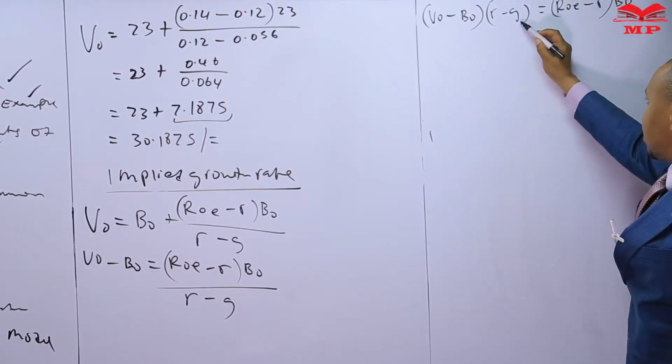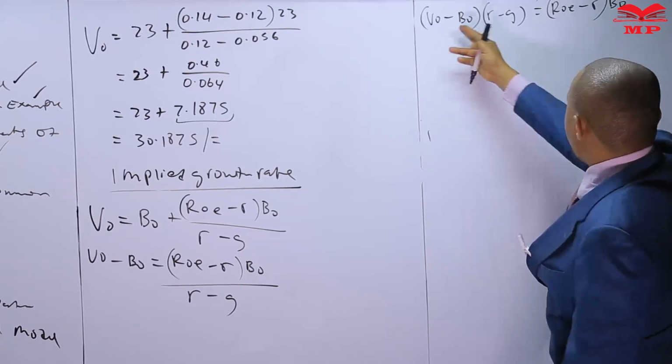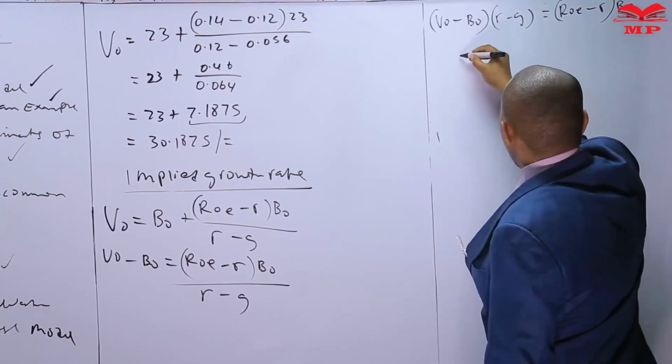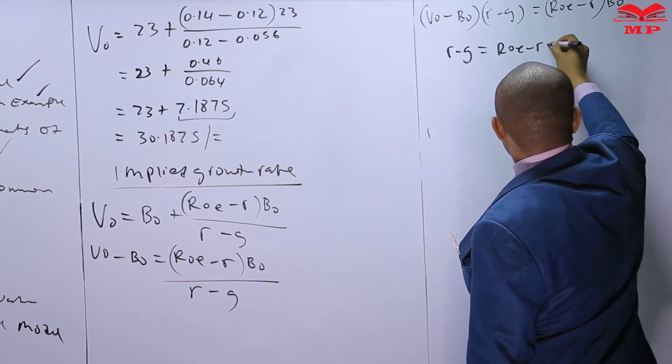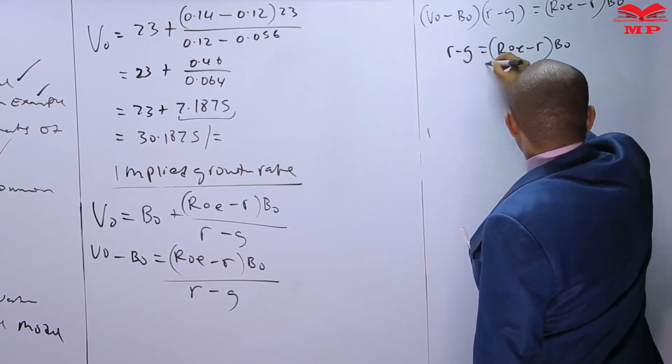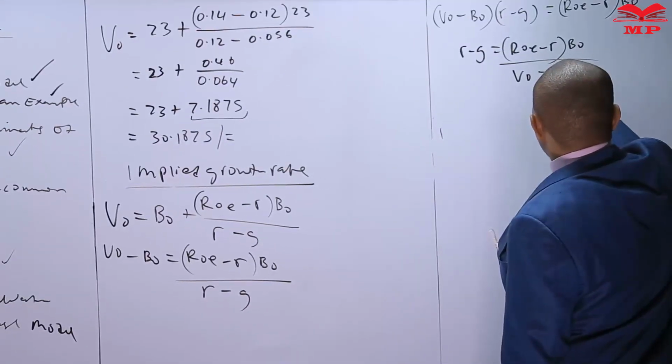We are interested in G, so there is no need for us to open. We just divide both sides by V naught minus B naught. So we have R minus G given as ROE minus R times B naught divided by V naught minus B naught there.